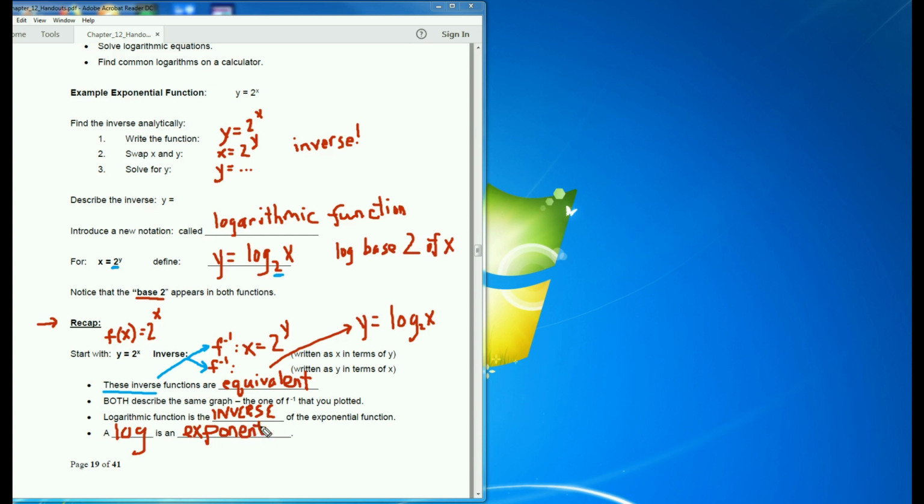When we described things up here, we said y is the exponent to which 2 must be raised. Well, that exponent to which 2 must be raised is also the logarithm, base 2. So a log is an inverse of an exponent, and it is also essentially an exponent itself.